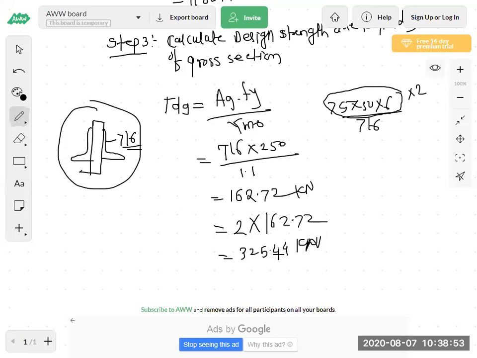Similarly, everywhere where two angles or two channel sections are there, we have to calculate the area or strength for one and then multiply by 2. You have to keep that in mind where two sections are given like this.